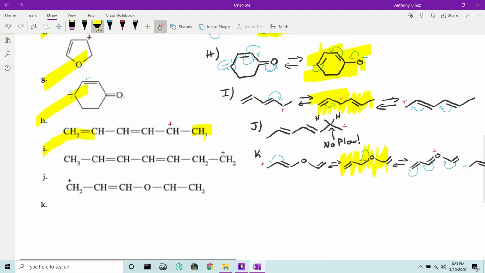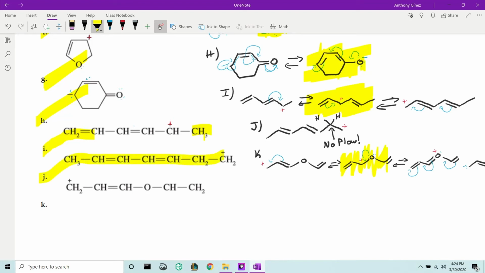That leads me to think that this would be the most important resonance structure because both double bonds can donate their electrons to fill the sink. And we can take it one step further and move these electrons from this double bond over, leaving the partial positive charge on the tail end of the compound.